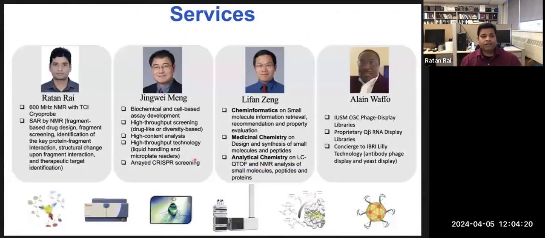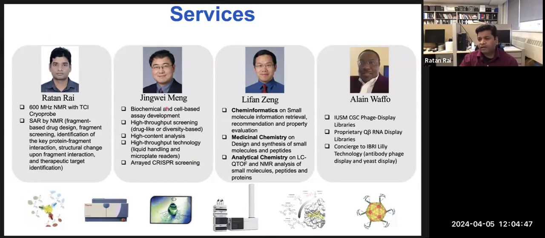In our core, there are 4 people, and I myself am responsible for developing structure-activity relationship by NMR in our newly acquired 600 solution NMR. This will include developing and establishing structural biology by NMR in the core. Dr. Jingwei Meng is responsible to develop biochemical or cell-based assay screening with drug-like or diversity-based compound libraries.